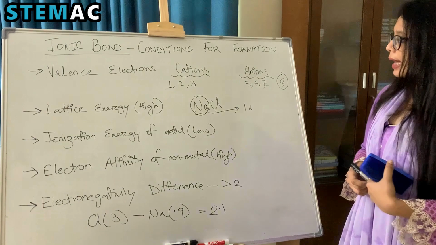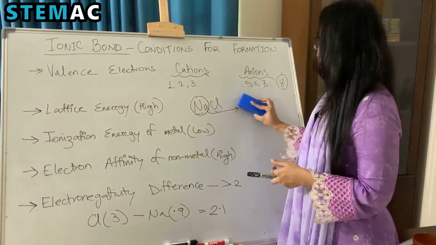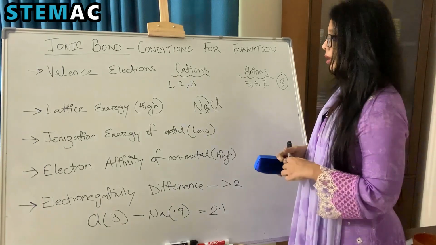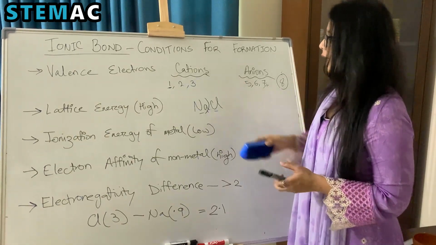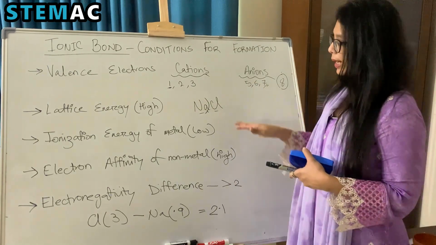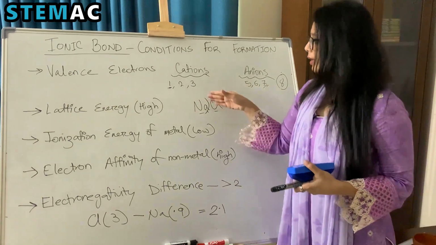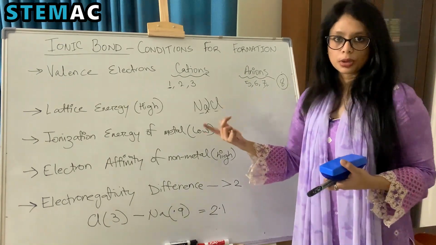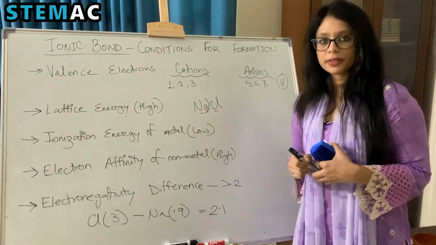Okay, and then what should be the condition for chlorine? We have already talked about the energy involved when 1 electron is removed from the outermost shell. Likewise, for chlorine, the energy change when it accepts 1 electron is the electron affinity.